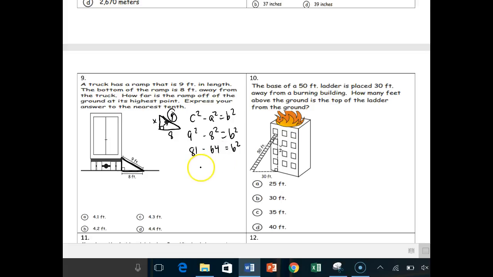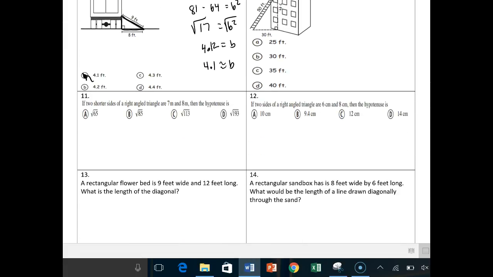And that gives you 17 is equal to b squared. Take the square root of 17, and you'll get 4.12. So it is to the nearest tenth, right? That's what the problem says. Nearest tenth, 4.1. So A. Right? Look carefully at number 10. Should be pretty similar to number 9.